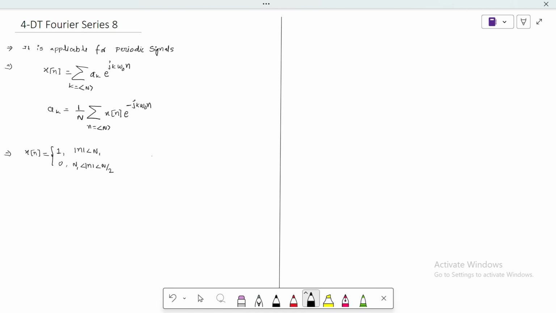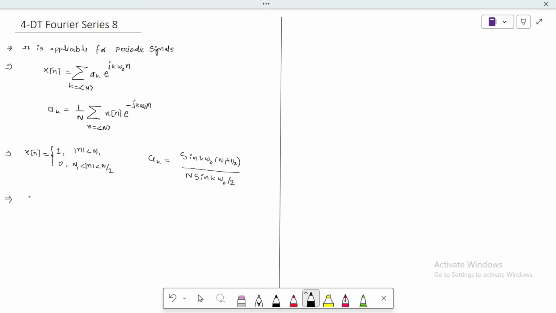For this case, the Fourier coefficient ak equals sin of k omega naught into (N1 plus 1 by 2) divided by N into sin of k omega naught by 2.